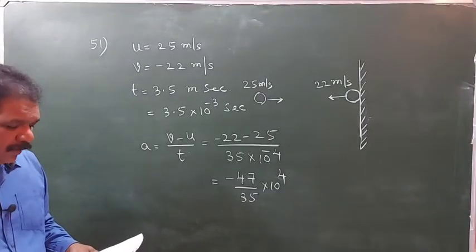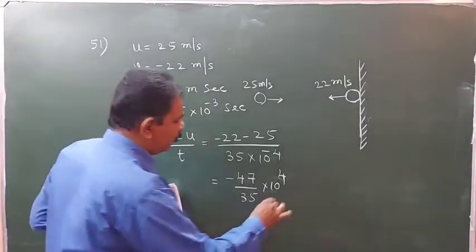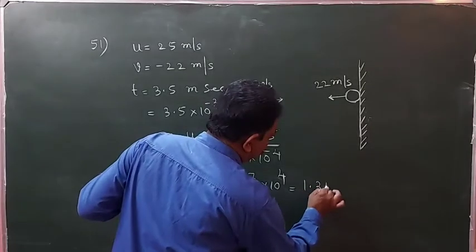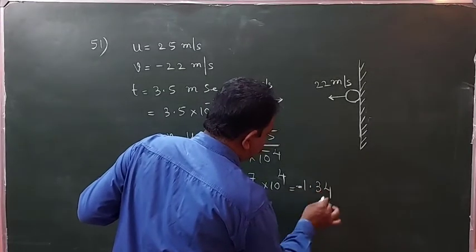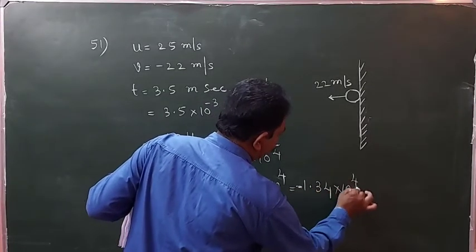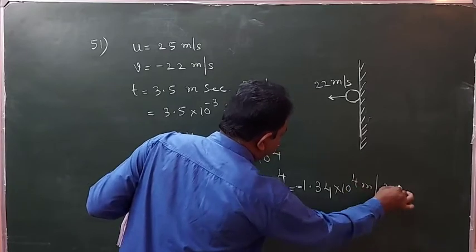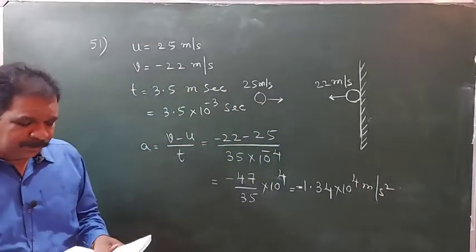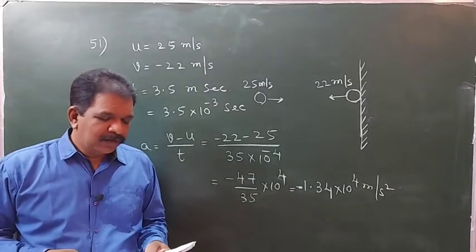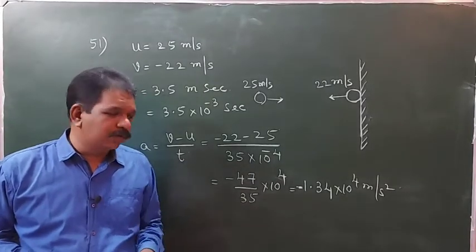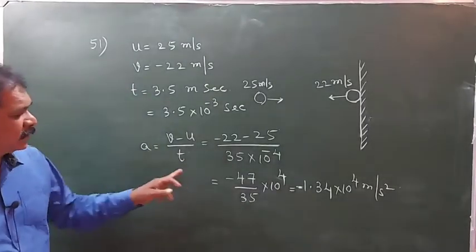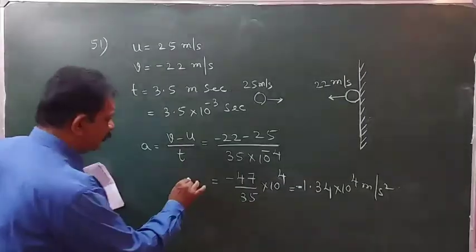If we calculate this, the value is equal to 1.34 into 10 power 4 meter per second square. They are asking just the magnitude only. Magnitude means no need to consider the sign.